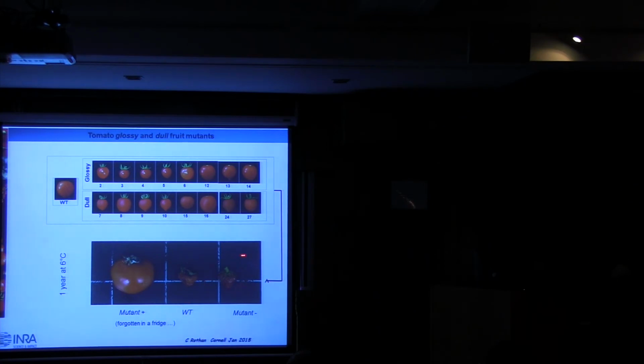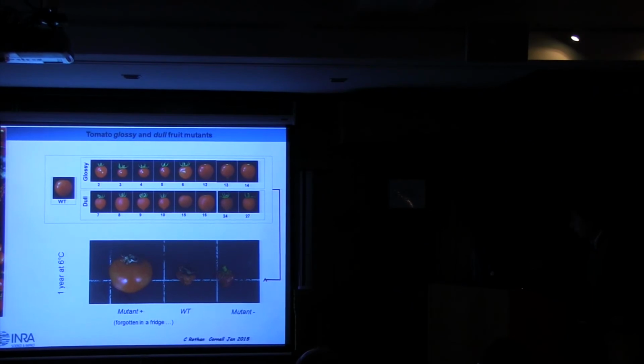Wild type mutant, cuticle affected mutant, and another cuticle affected mutant, but in that case, that mutant still after 1 year showed very good appearance. So this can be quite interesting for looking at cuticle effect on shelf life and so on.